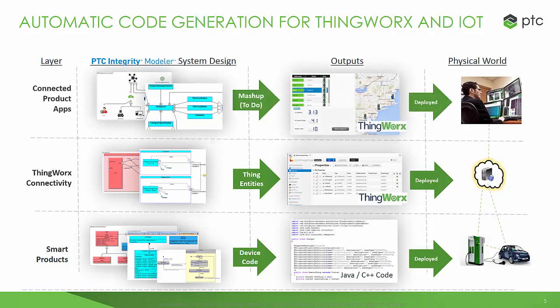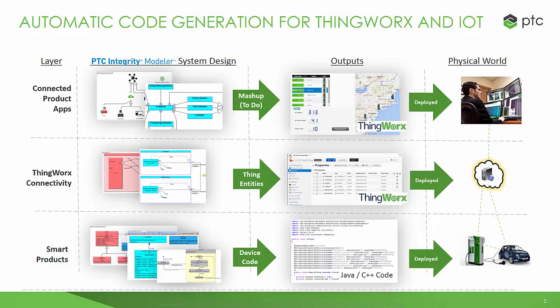We cover many different levels of the architecture for ThingWorx and code generation. Down at the bottom we have very strong edge device code generation for languages such as Java and C++, generating code from the models, which is ThingWorx ready and ready to be deployed. In the middle we can design how those products connect together with their interfaces, and therefore generate the thing entities necessary for the connectivity.